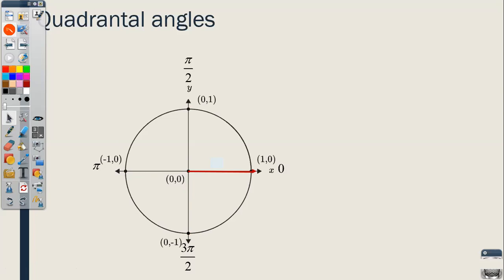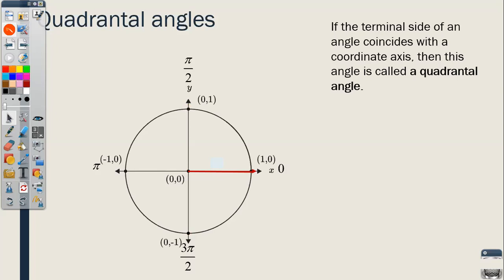So, if we see one more time, 0 degree, yes, its terminal side is on x-axis. 90 degrees, terminal side is on y-axis. 180, its terminal side is on x-axis. 270, its terminal side is again on y-axis.